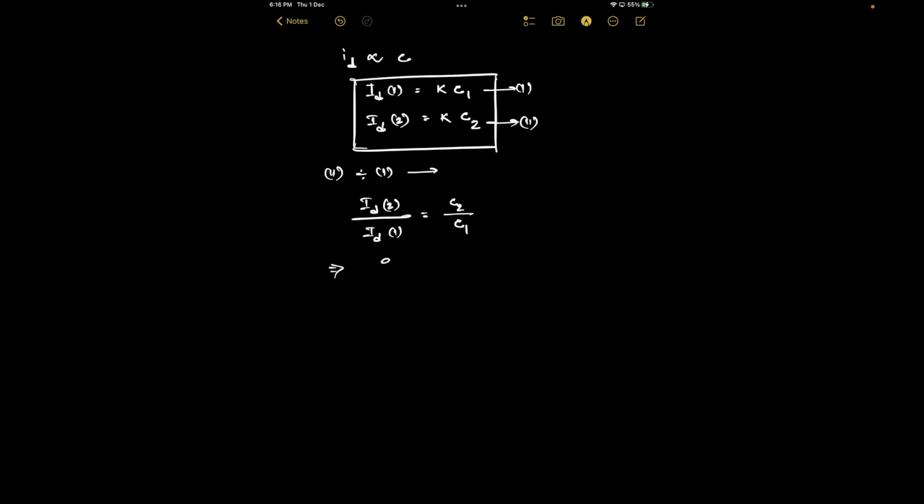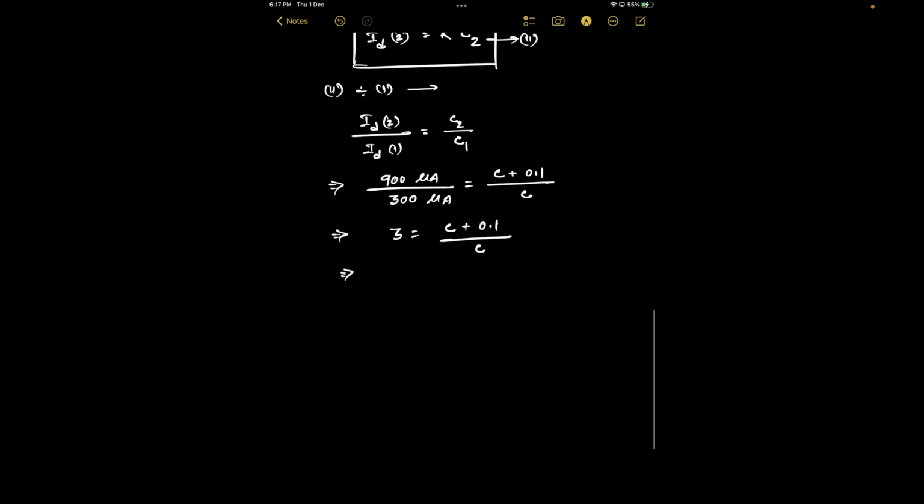ID2 is 900 microampere, ID1 is 300 microampere, C2 is C plus 0.1 mole per liter, and C1 is C. So this is 3 equals C plus 0.1 divided by C.